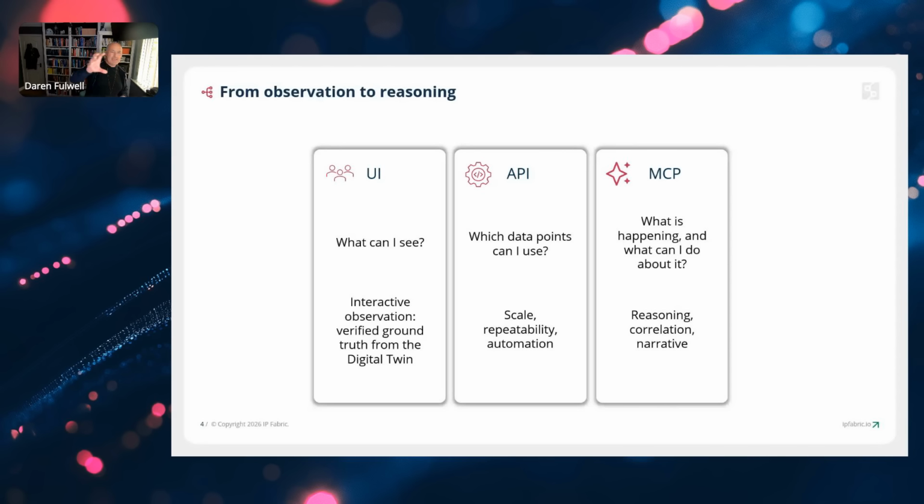And I guess the point with MCP is we're taking that step further. We're not just saying you need to know where all those data points are, because the LLM that uses MCP can reason about that. It can make those decisions for itself, decide what information it needs in order to do the correlation that it needs to do, to build the narratives that it's about to share with others.